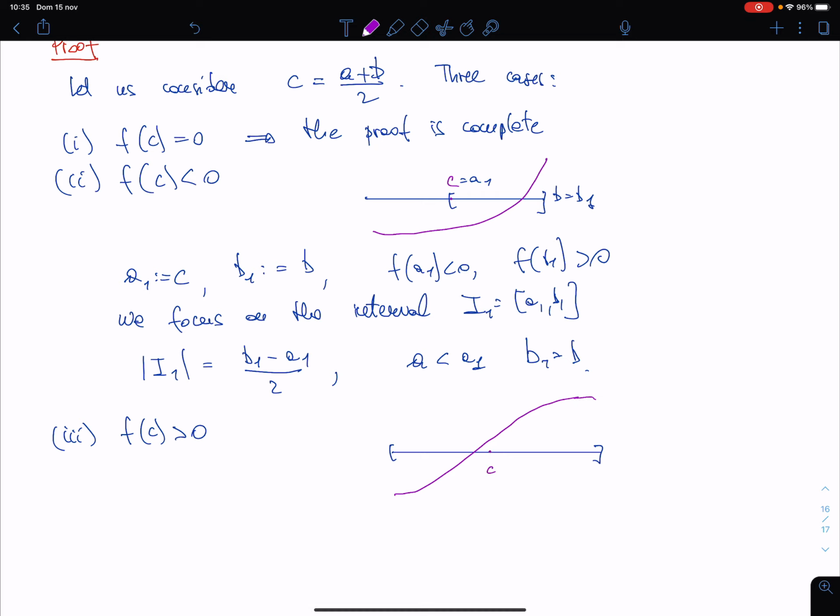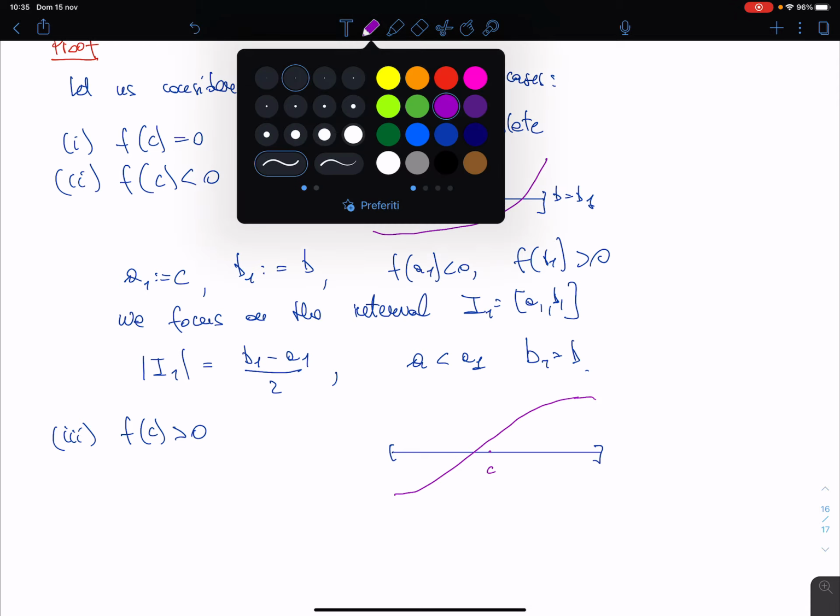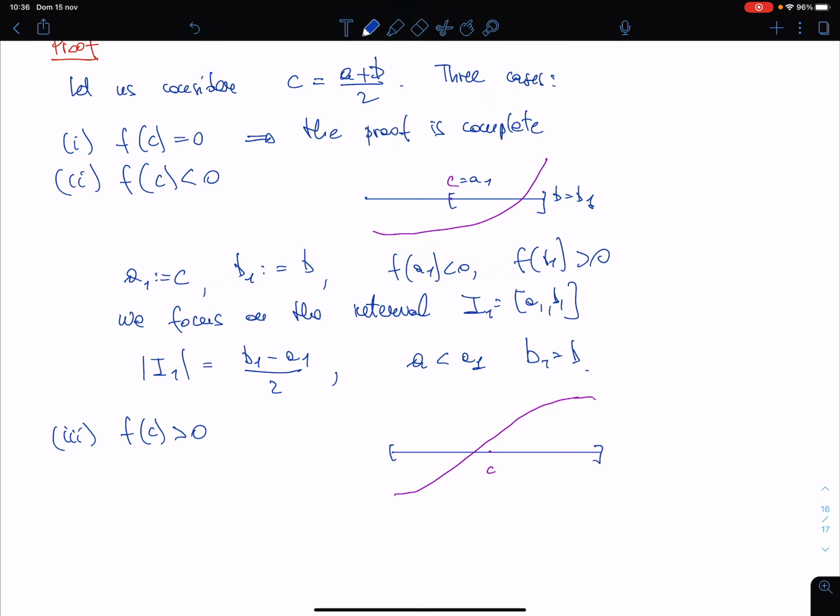Here is c, and this time we baptize a1 to be equal to a and b1 to be equal to c.